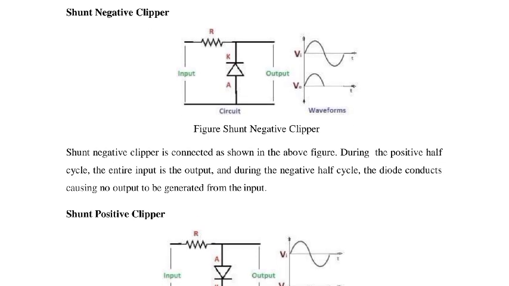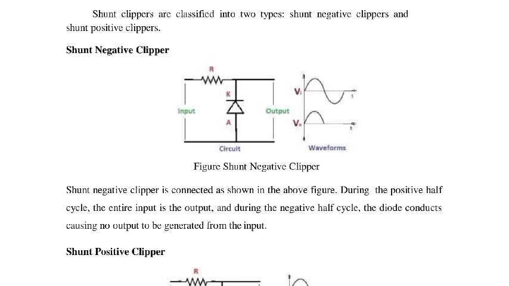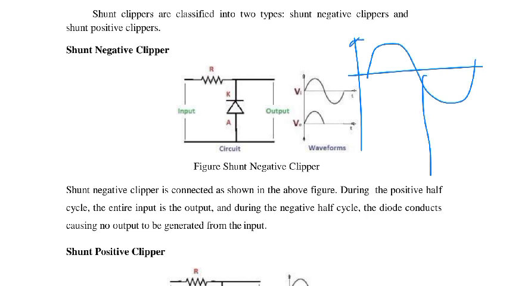During the positive half cycle, the entire input appears. Suppose in this circuit this is the input waveform, from here to here, for positive input, and we are drawing the output here. For positive input, from here to here, this diode becomes off, because for positive input this diode will be in reverse bias: here the diode is negative, here it is positive.